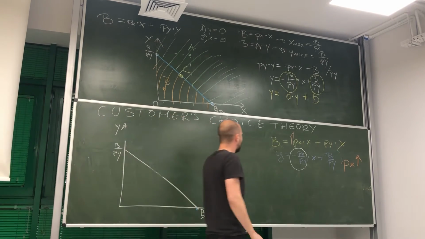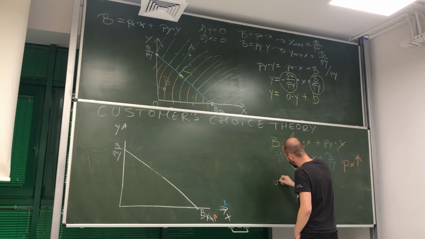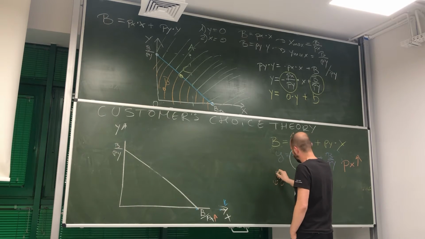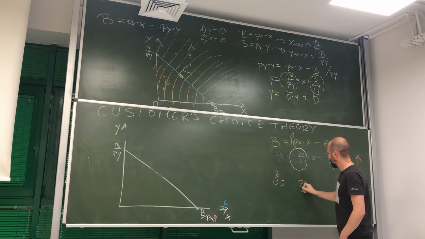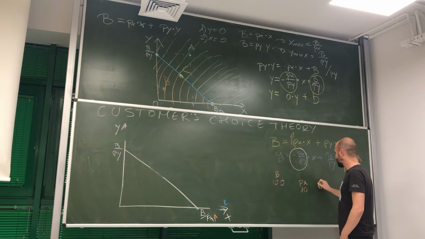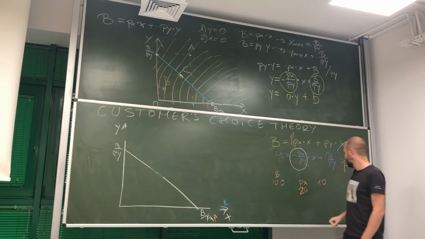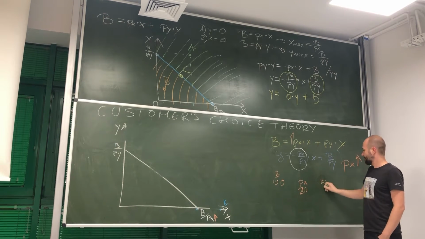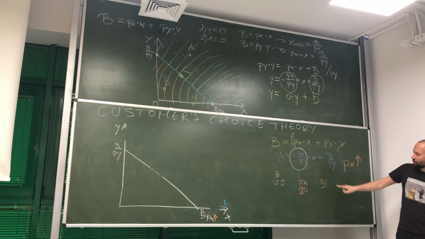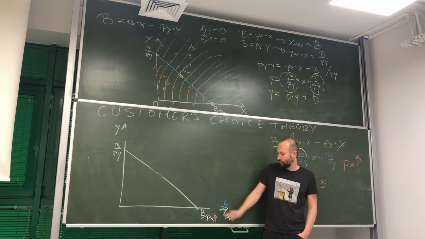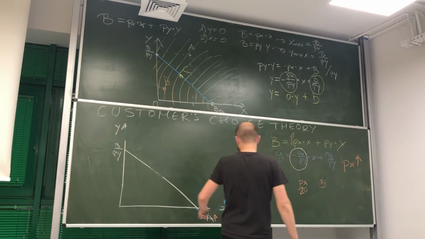If the budget at the beginning is 100 and the price of good X is 10, you can buy 10 units of good X. But if the price goes to 20, you can buy only 5 units, right? So we had 10 units at the beginning, we would have 5 later.